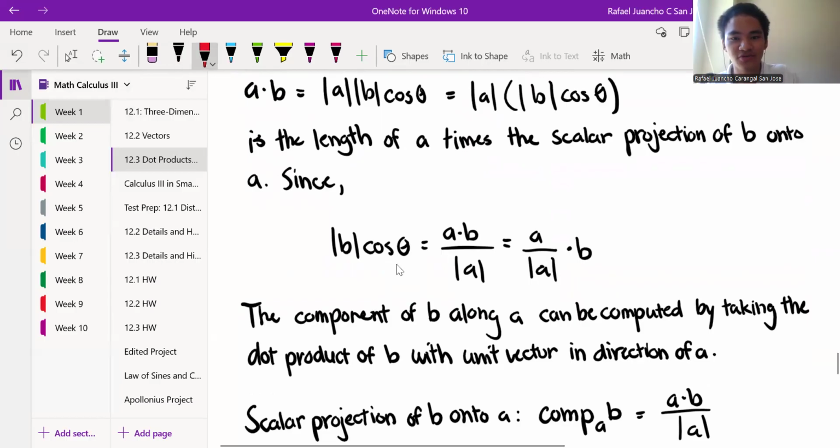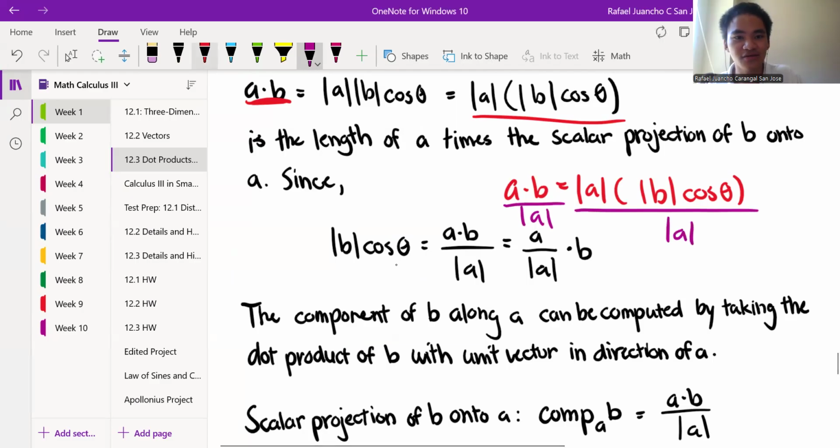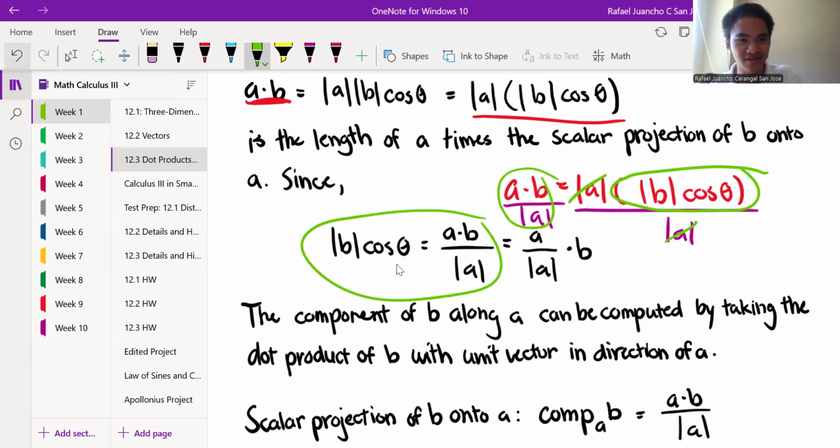Well, if you look here, A times B, this one, we equate it to this one, the absolute value of A times the absolute value of B times cosine theta. And actually, what we can do here is divide both sides by the length of A. And if we do that, we're canceling this one out and we're left with this. So we have this is equal to this. And hence, that's how we got that there.